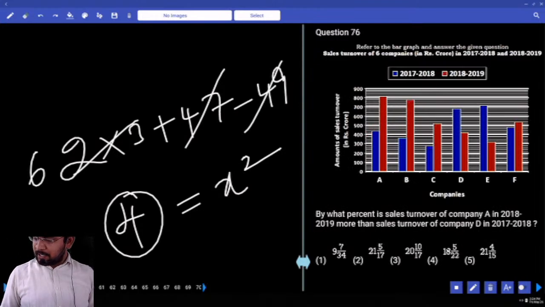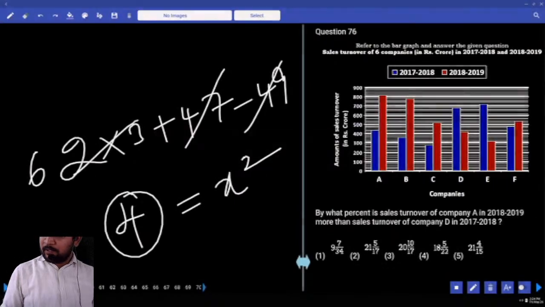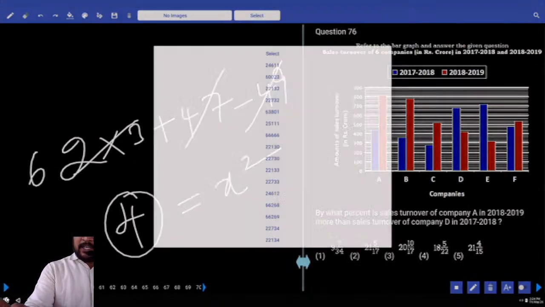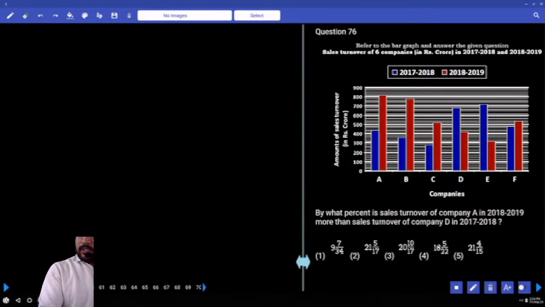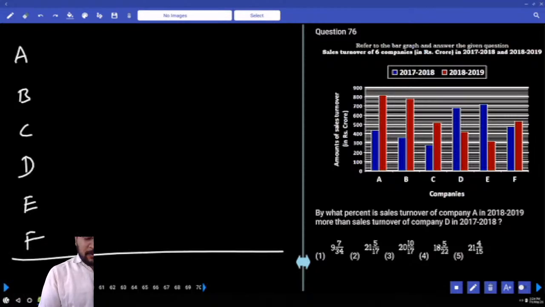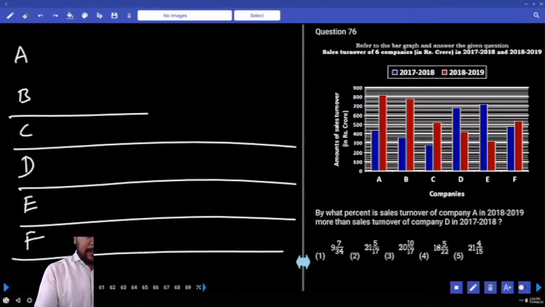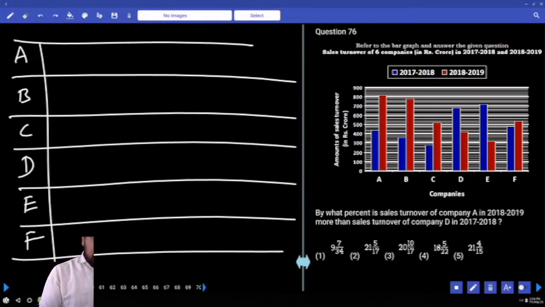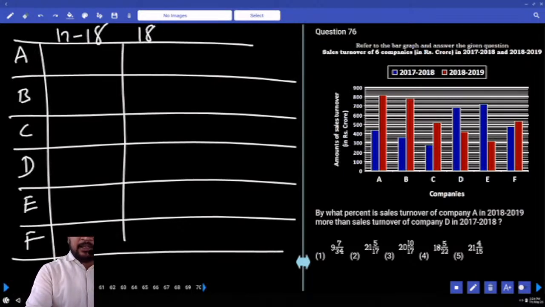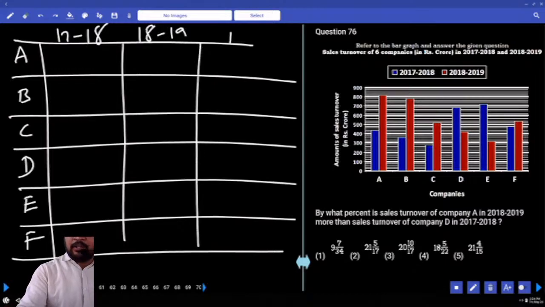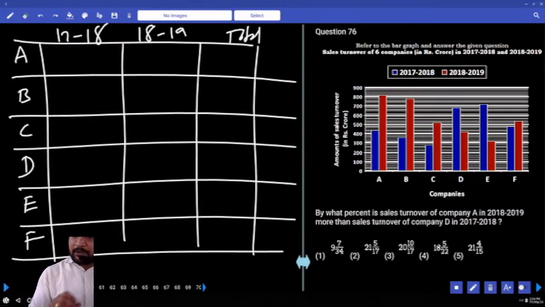Tell me the data fast. 2017 to 18, A B C D E F. 17-18, 18-19 they given. If required we go for total. Tell me fast.